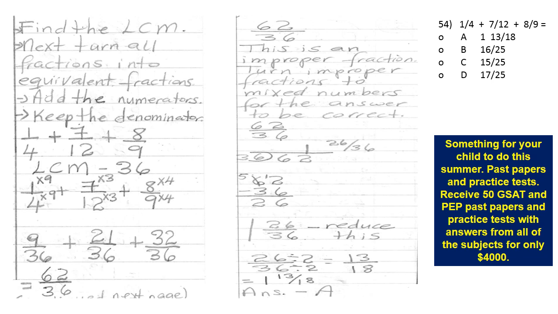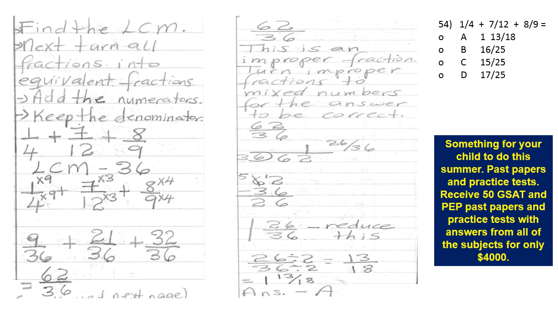The next fraction, 8 over 9. Multiply 9 times 4 to make the denominator 36. So since we multiply 9 times 4, we also multiply 8 times what? 4.